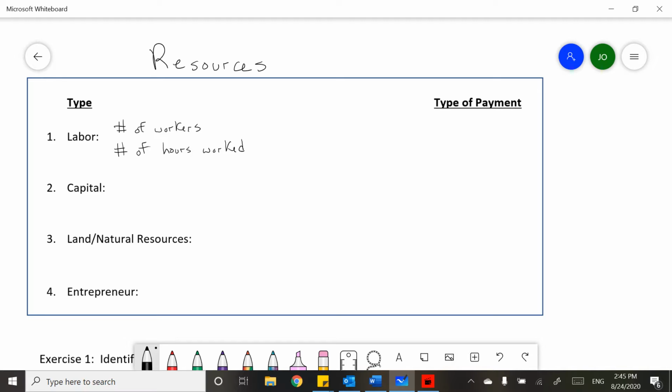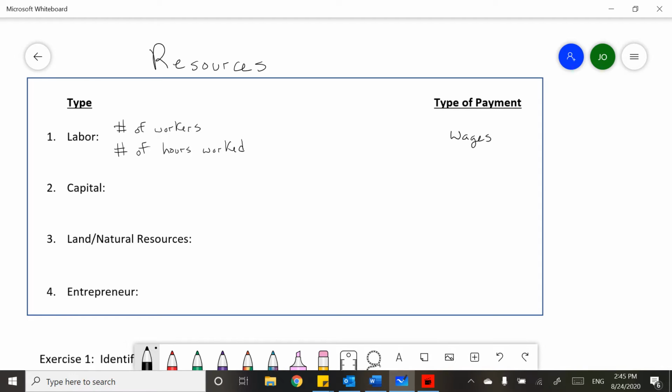A company can hire 100 employees, or you can think, in a very micro way, how many hours a week of labor have you actually done. As it relates to labor, or any resource, we usually have to think about the type of payment that we receive. For our labor, we usually classify that as wages.